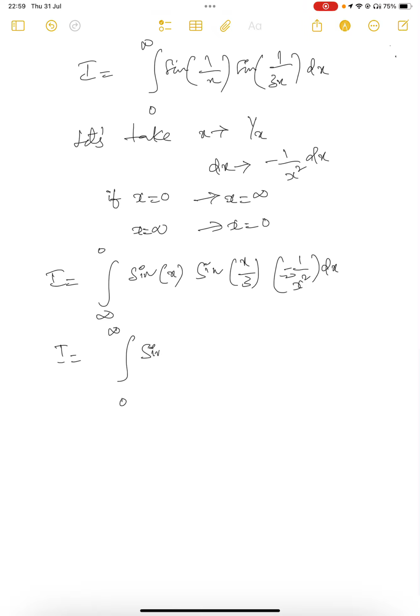This will be sine of x, sine of x by 3, and there is x square, right? Let's do one thing.